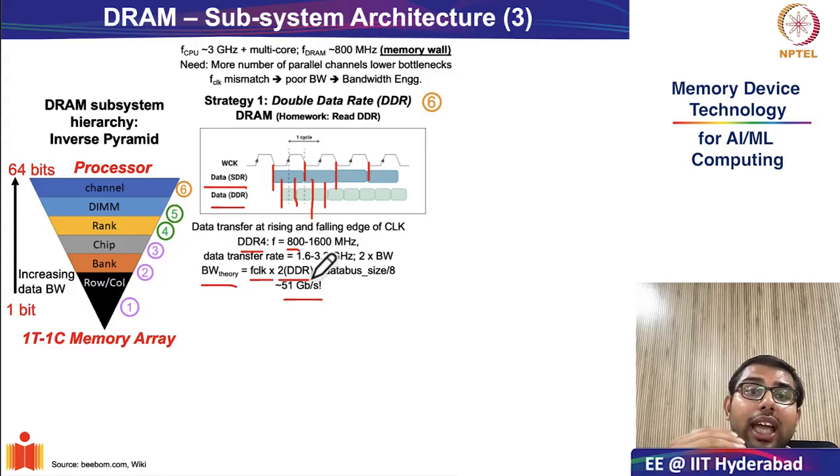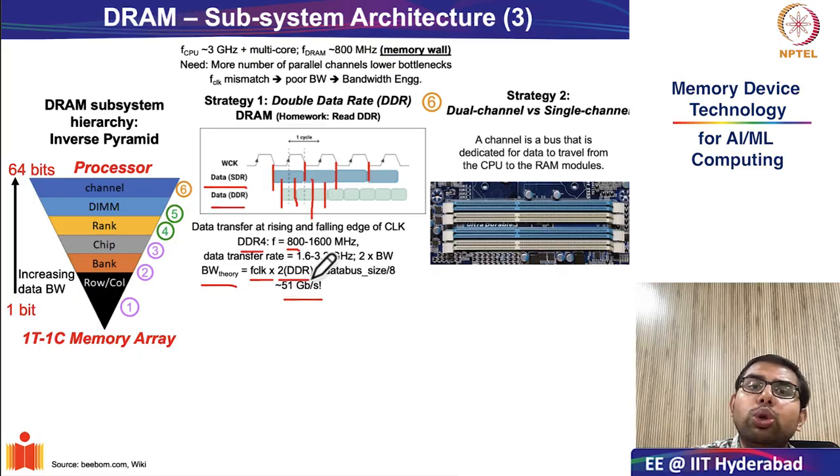This is the first strategy at the topmost hierarchy, at the level of channel and DIMMs, to reduce the bandwidth mismatch between the processor and the main memory subsystem. The second important concept is to simply increase the number of channels through which the CPU subsystem can independently transact and get data from the DRAM or the main memory subsystem.